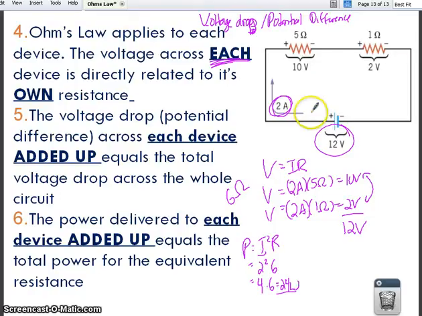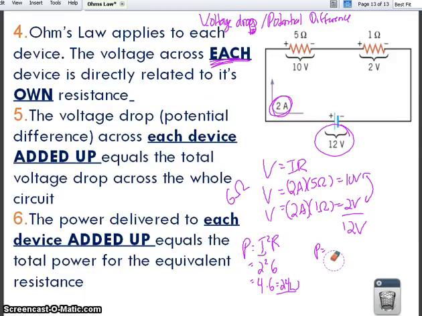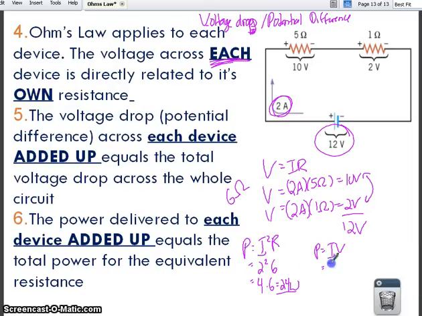And if I calculate that for each one of these, if I did P equals I squared R for each one, actually I'll do a different formula just to mix it up a little bit. Let's do P equals I times V. So current is going to equal 2 amps, and the voltage for this resistor right here is going to be 10 volts.